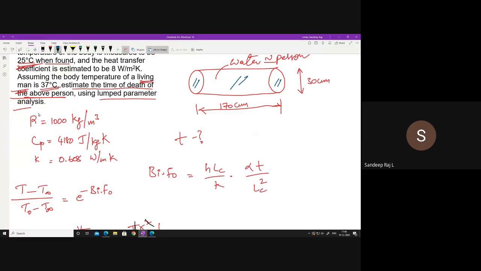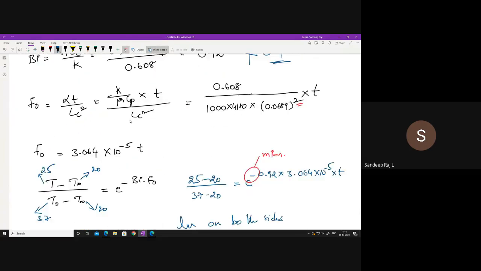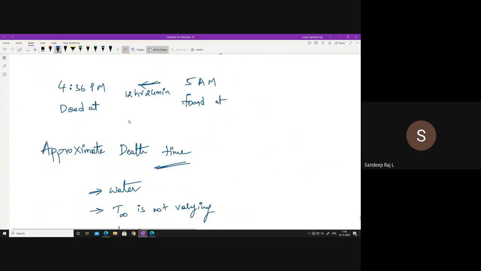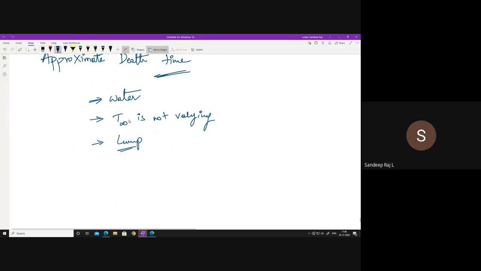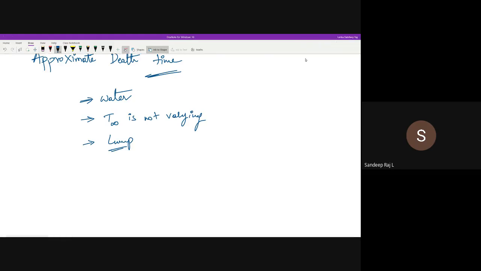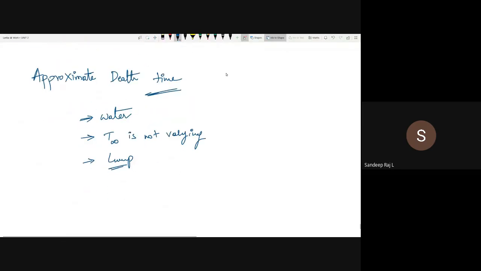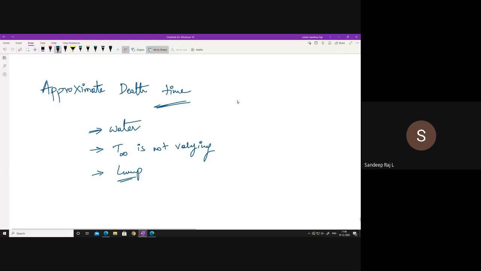Got it? So even though sometimes a Biot number less than 0.1 is not achieved, if it is given in the question, you can consider it as a lump and solve the problem. I hope you got the point, how this can be used in finding the approximate death time of a dead body in forensic sciences. I hope it's clear. Do you have any questions at this level?